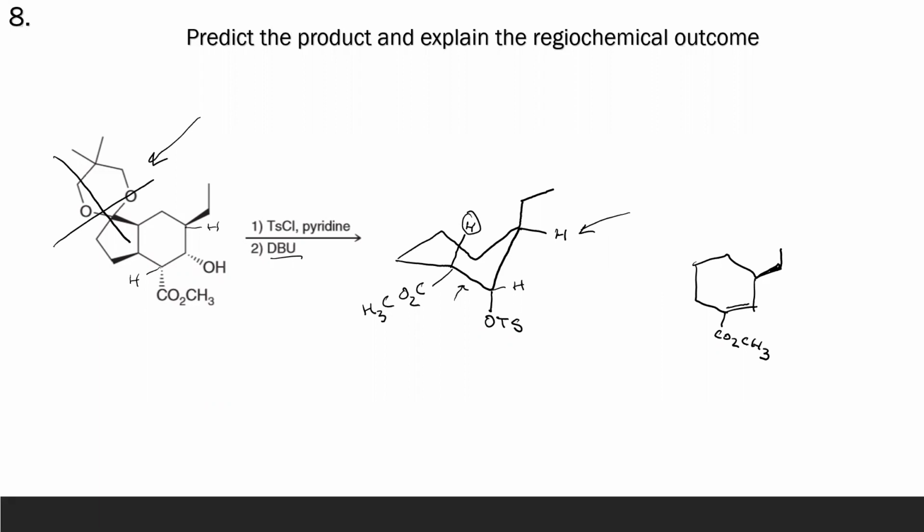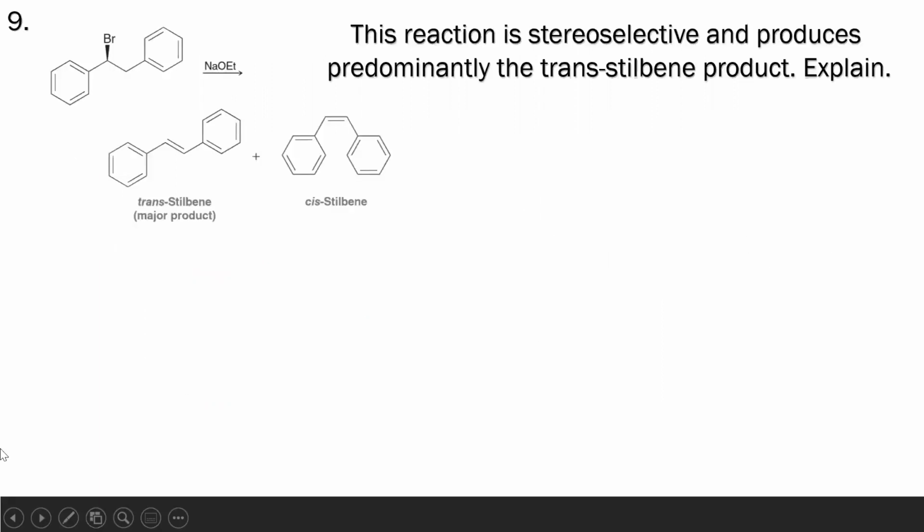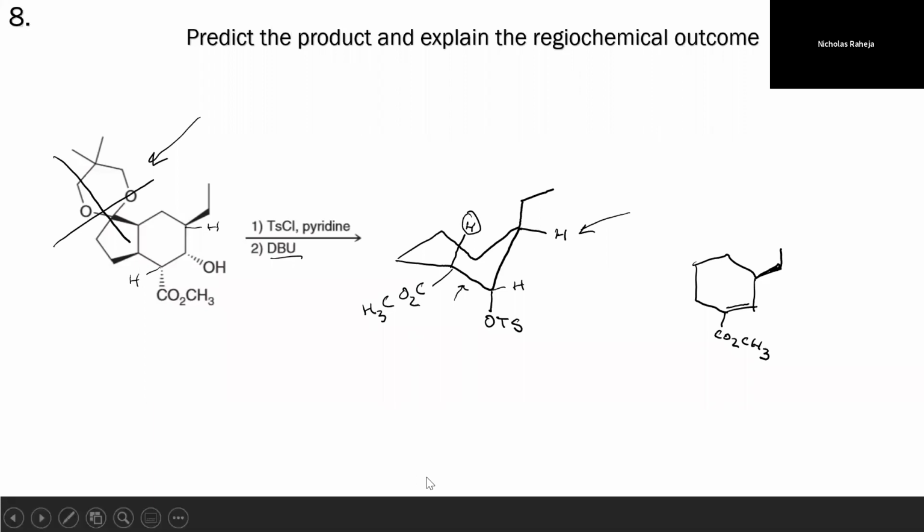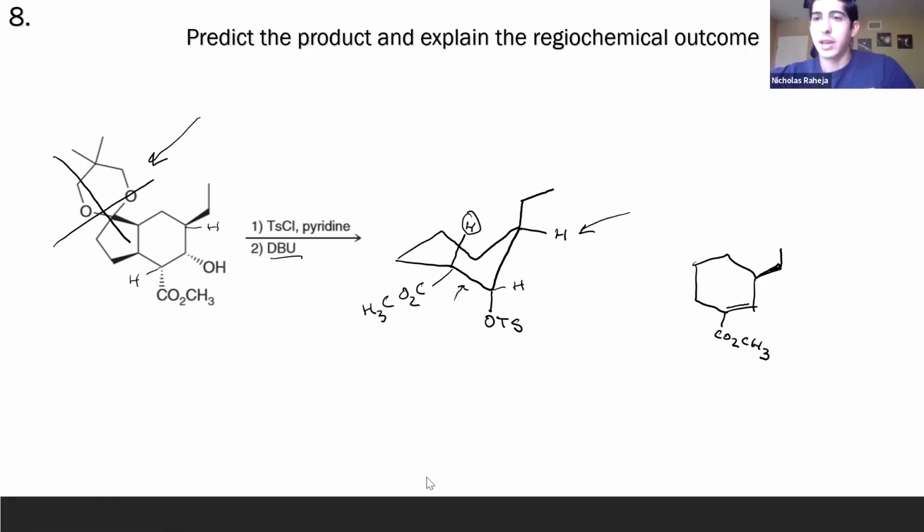Give me a second here. Okay, so I put together the molecule here again. These two carbons would be connected to that other part of the molecule that I omitted.